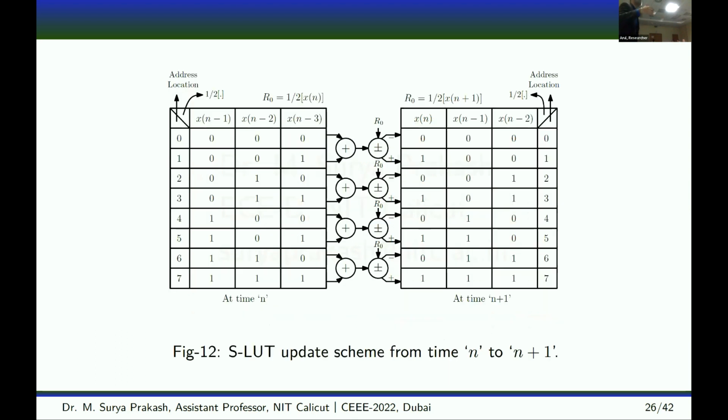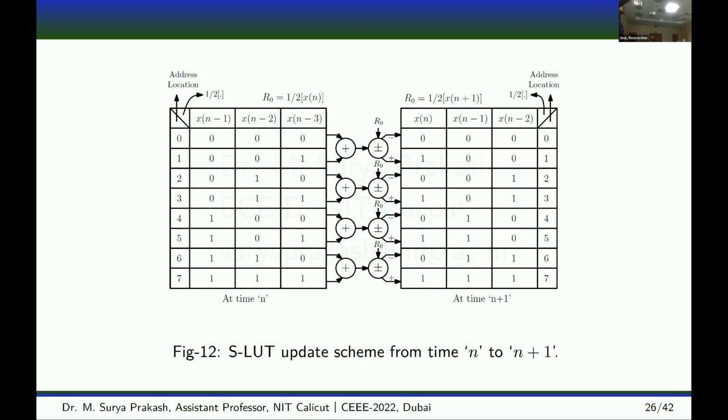So based on this idea, we have come up with a secondary lookup table update scheme. Basically, the zeros and ones we see here are not the actual zeros and ones, but they represent the sign of whatever is the term present above. For example, if you consider the left table, we have on the top x of n minus 1, x of n minus 2, and x of n minus 3 samples. So in the first location, we have all zeros.